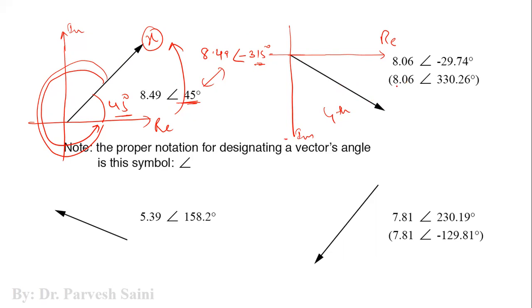Now 8.06 is the magnitude of this phasor here, and 330.26 is the angle it is making with this real axis. However, you can write it in this way also, like it is lagging. Leading and lagging we discuss by taking the anti-clockwise direction as convention.